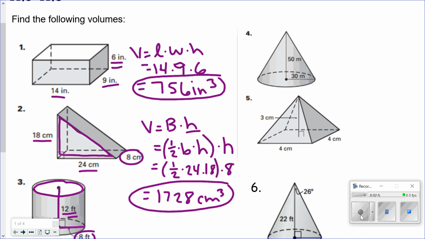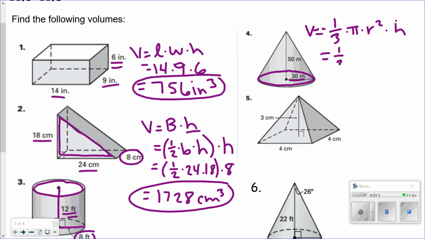Number 4, we have a cone, and we know that the volume of a cone is 1/3 times pi times r squared times h. If we look at the base here, this circle, we notice that the radius is 30, so let's plug that in.